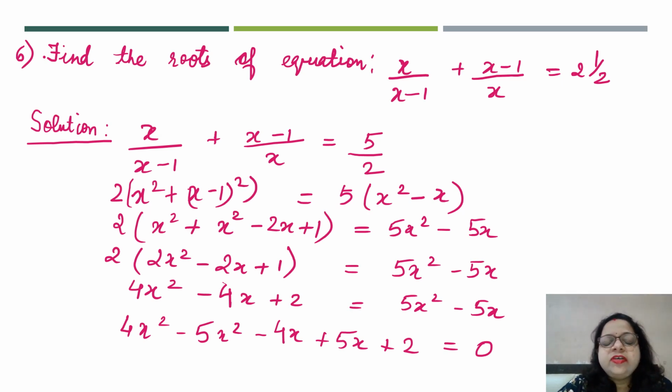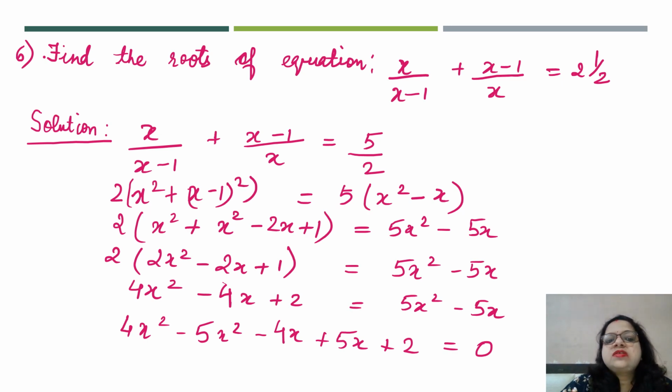Again I am explaining you children, x upon x minus 1 plus x minus 1 upon x is equal to 5 by 2. Okay, so when we take the LCM, it will be x into x minus 1 in the denominator, and in the numerator x square plus x minus 1 the whole square.